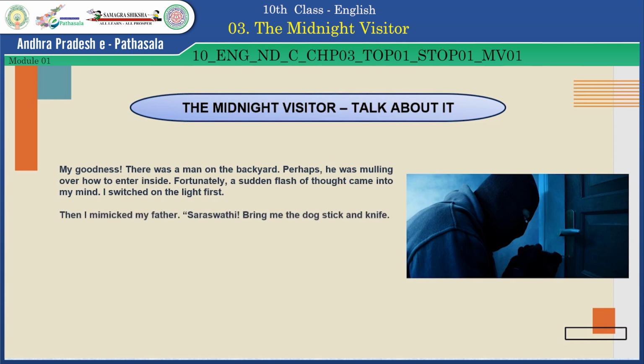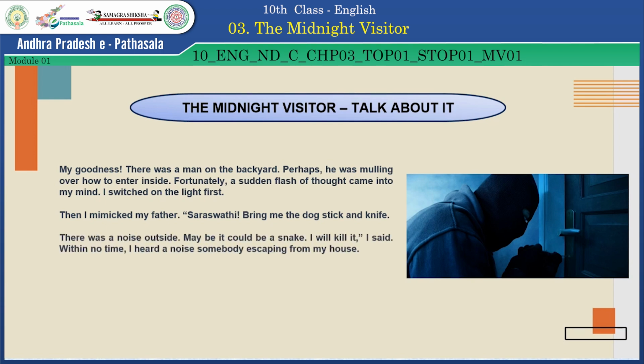Saraswati, bring me the dog stick and knife. There was a noise outside. Maybe it could be a snake. I will kill it, I said. Within no time, I heard a noise, somebody escaping from my house. Needless to say, the thief escaped from my home, hearing my words.